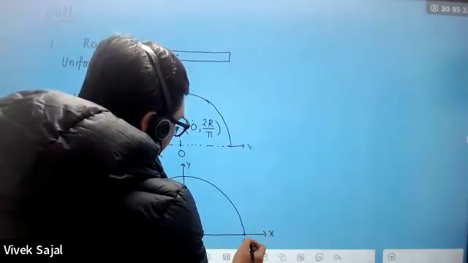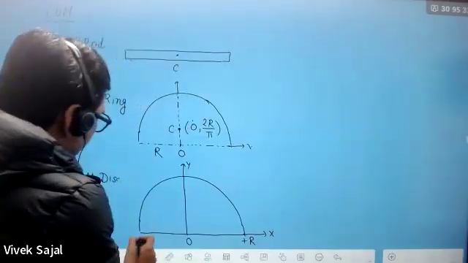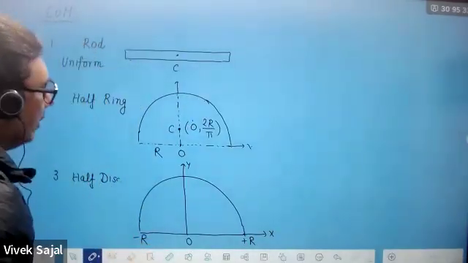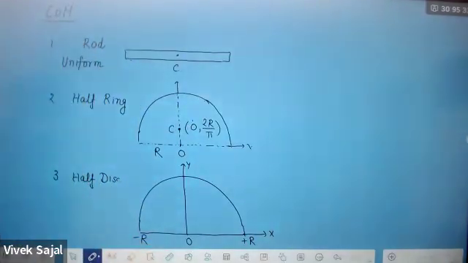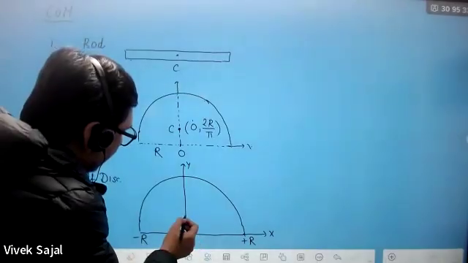Here this will be plus r, this will be minus r. So the radius of this half disk is capital R. So where will be its center of mass from here?